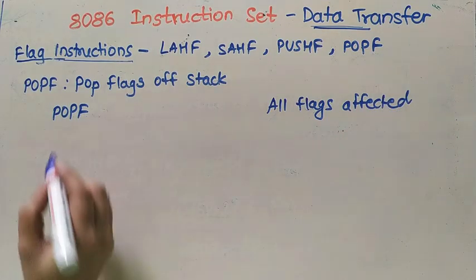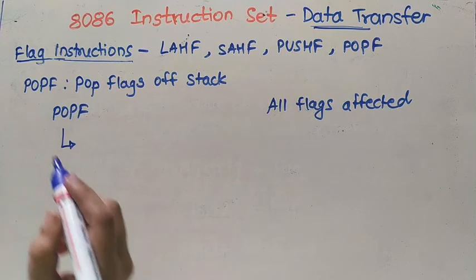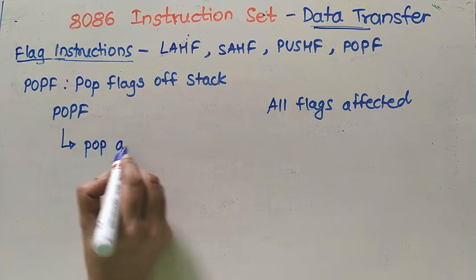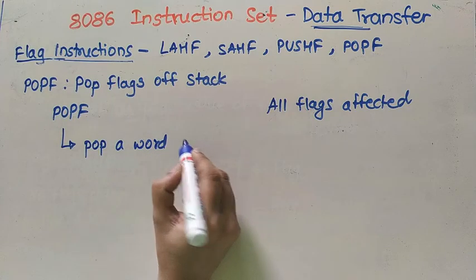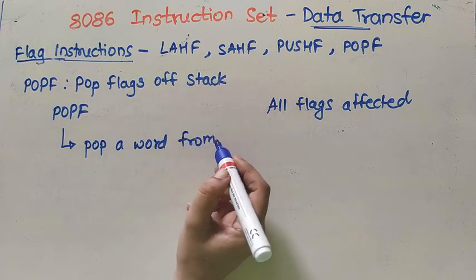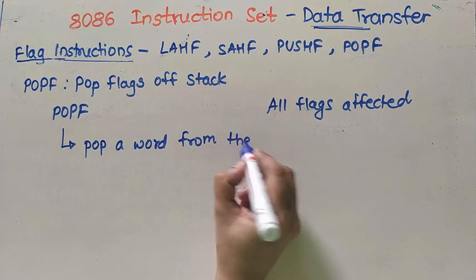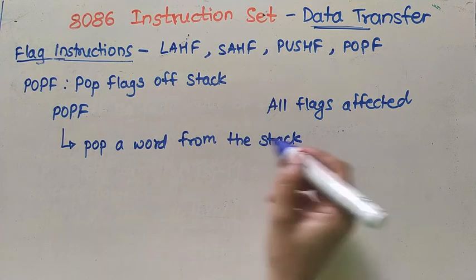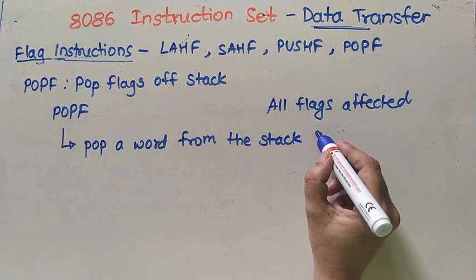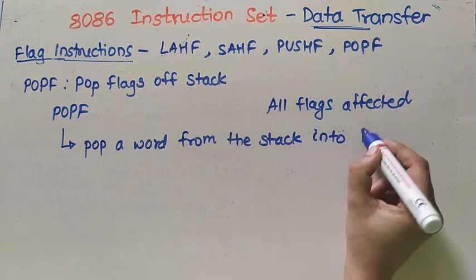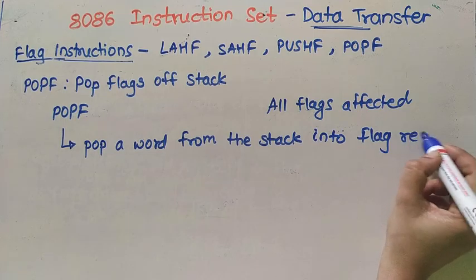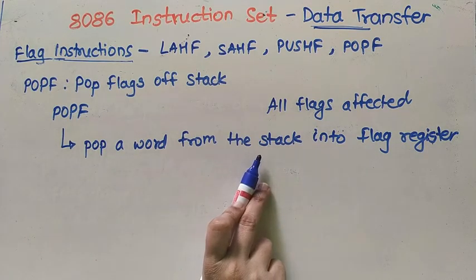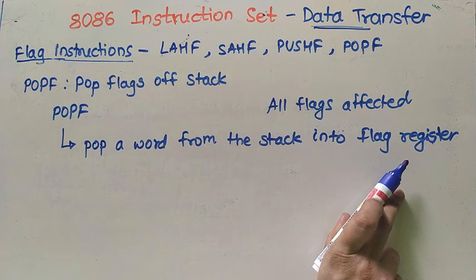So what is this instruction POPF? This will pop a word from the stack, and that word is stored into the flag register. Means a word from the stack is popped and stored into the flag register.